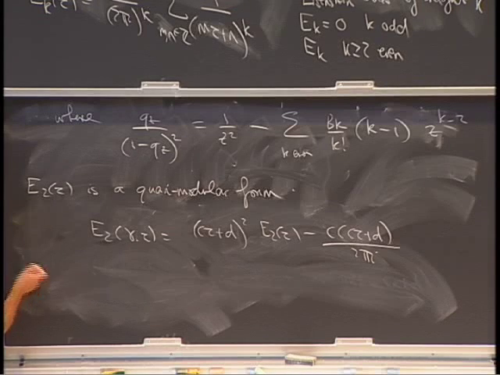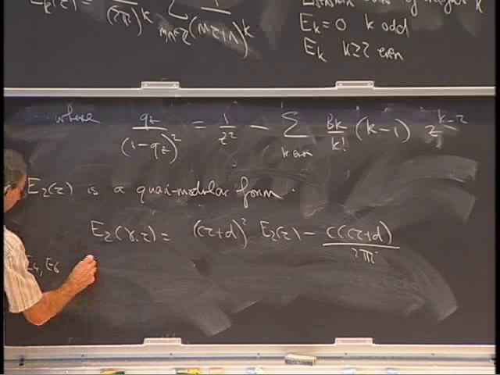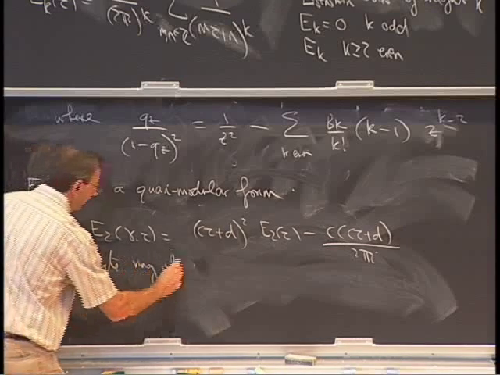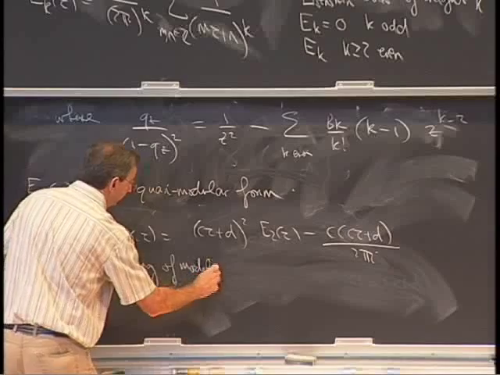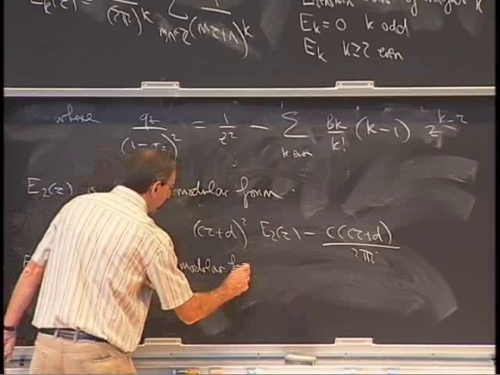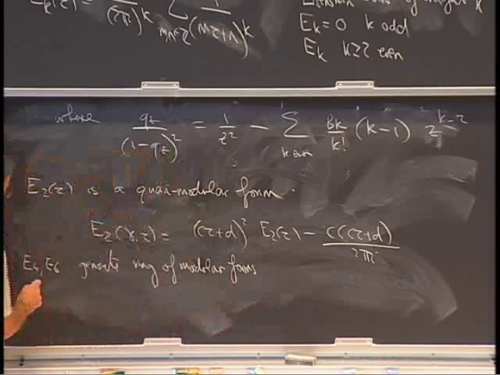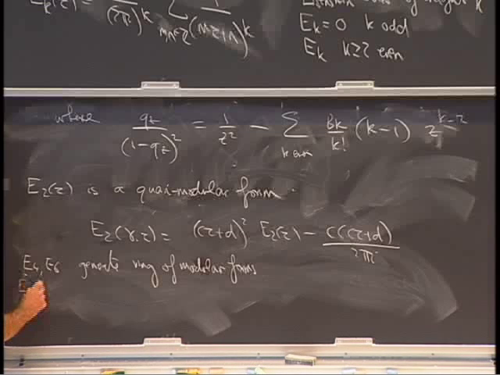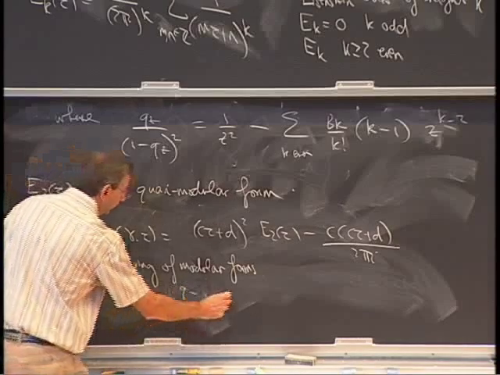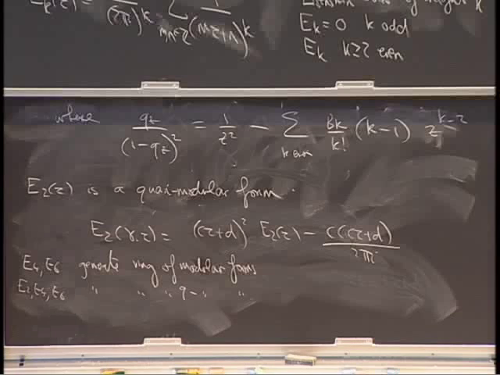E4 and E6 generate a ring of modular forms. I haven't even talked about what I mean by a quasi-modular form in general, but I'll use that terminology anyway. And E2, E4, E6 generate a ring of quasi-modular forms.